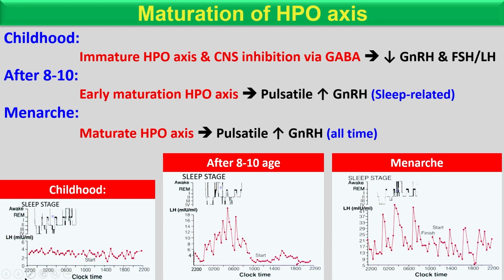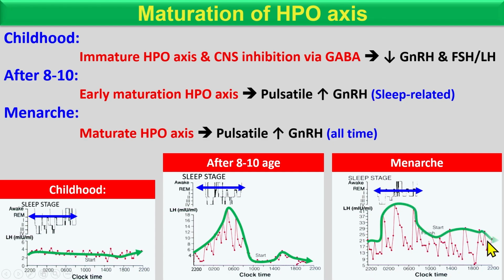In childhood, the level of LH is very low, and the same for FSH, less than 4. At this stage you can see the sleep stage, and the increase in FSH and LH during sleep time. After that it is low. At menarche, there is continuous release of GnRH. So these are the changes occurring in the HPO axis.